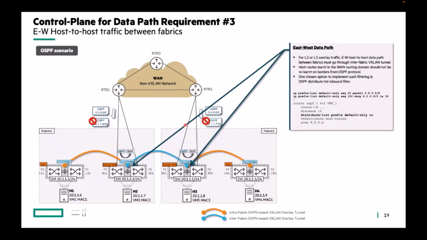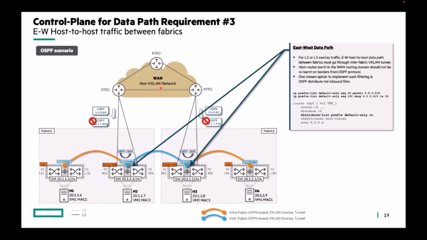So the WAN routing domain routes should not be relearned on the borders from the OSPF protocol, back inside the border VTEP. One should choose the option to implement such filtering in the OSPF distribute list. Remember, I talked about the distribute list, which will be released in 10.13, and we are utilizing that feature here so that east-west traffic is nominal, right?